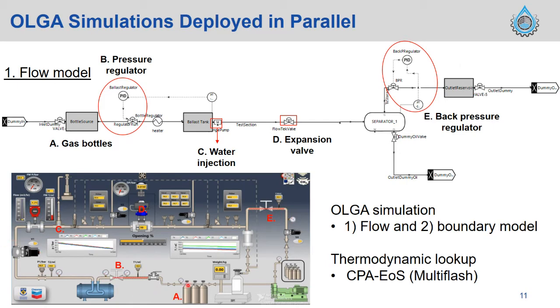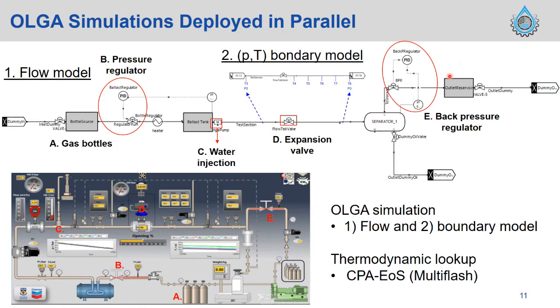The system goes through the upstream and the expansion valve and then the JT cooling. And also there's E, which is the back pressure regulator. This is also controlled with a PID in the OLGA model. So this flow model gives us some understanding of the whole picture of our JT cooling effect.